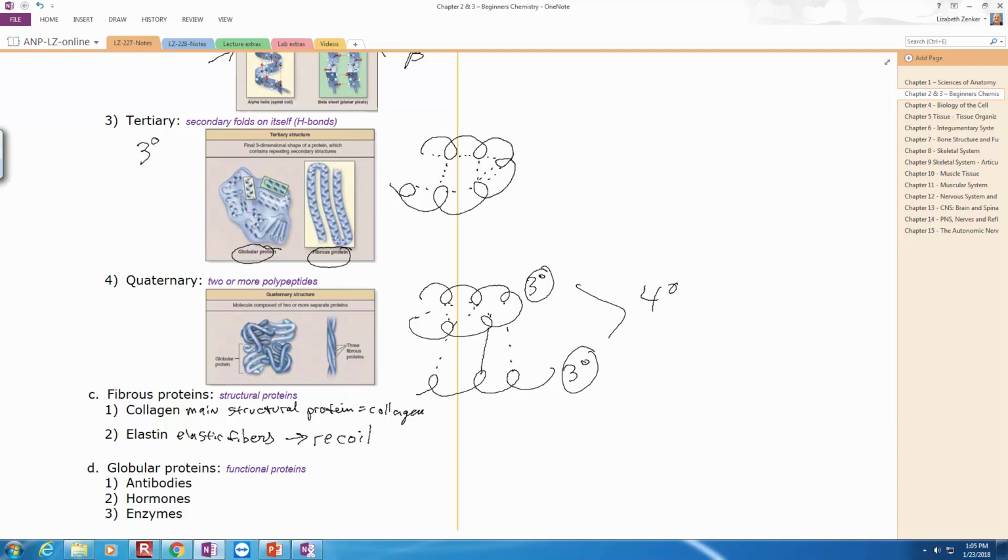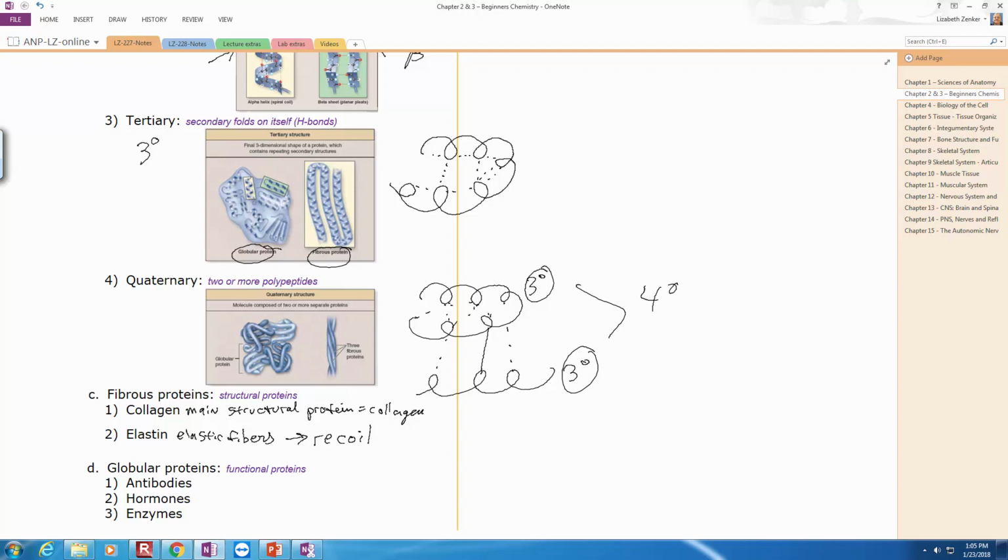It has recoil. Elastic isn't built for strength. So collagen is more for the strength. So if we needed a tensile strength protein, we'd go with a collagen protein being made and use that. But when we need flexibility or stretch that allows recoil to come back to its initial shape, that's when we're going to look at using elastin fibers, okay, protein fibers.